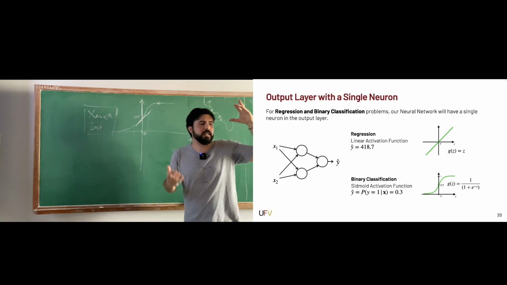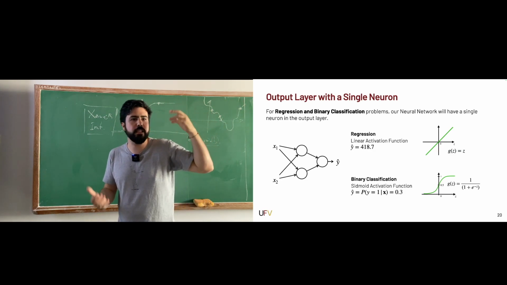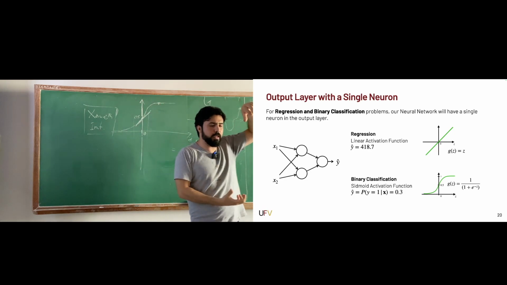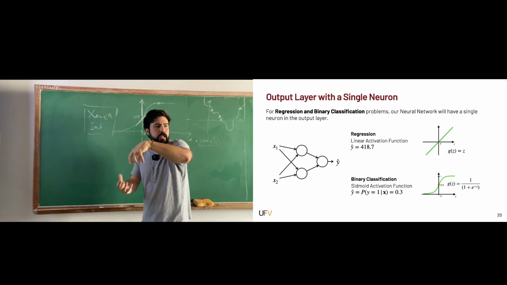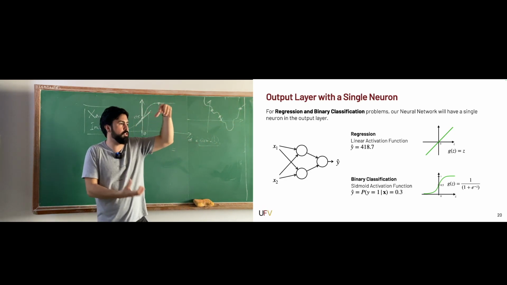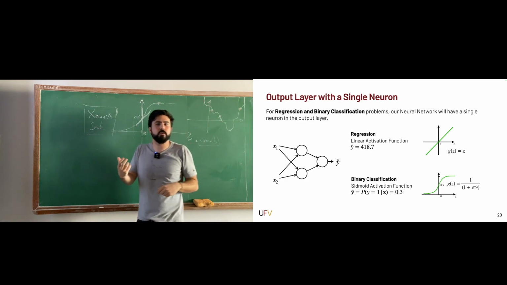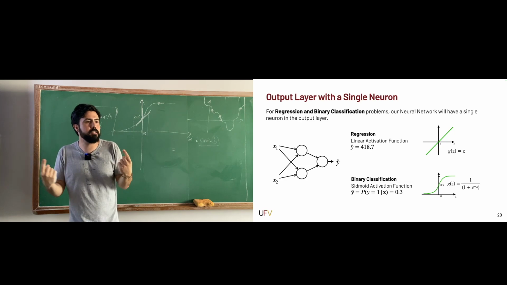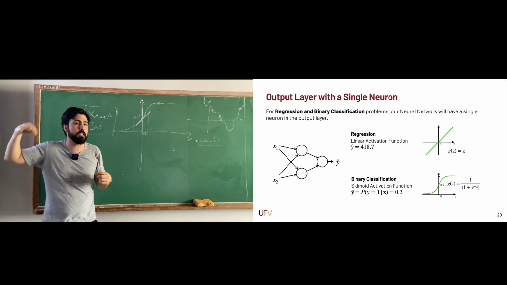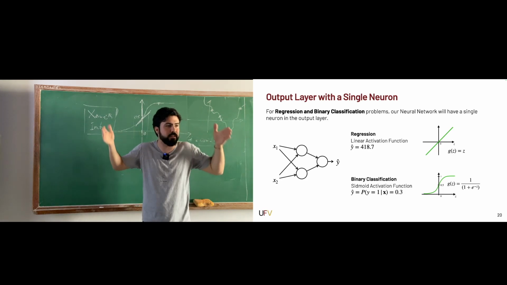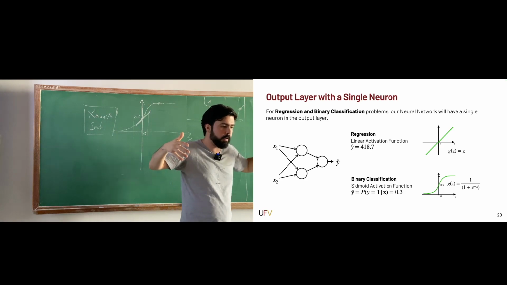In the previous example, we had age and tumor size, so the input layer would have 2 neurons. We were dealing with binary classification, so it's either 0 or 1, and I only need 1 neuron in the output layer. So the problem itself defines the size of the first and the last layer.